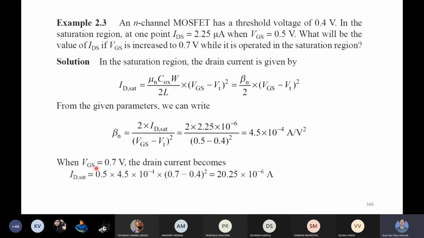Then for the new VGS value, we can apply the new formula: beta n divided by 2 times VGS minus VT whole square.